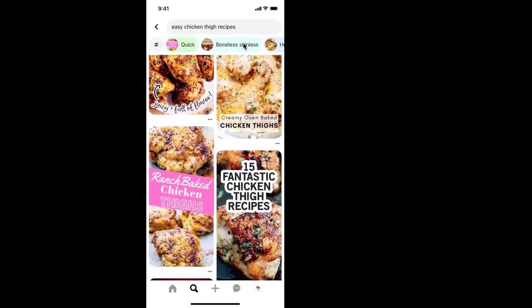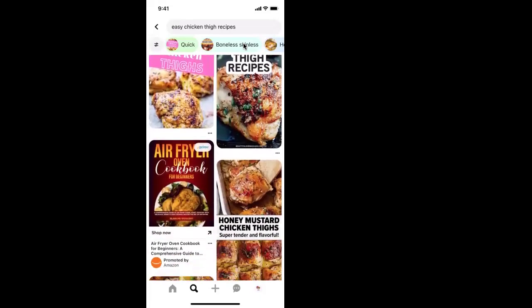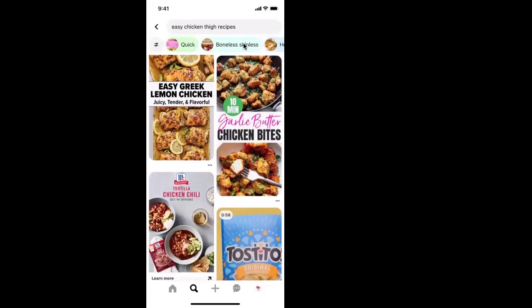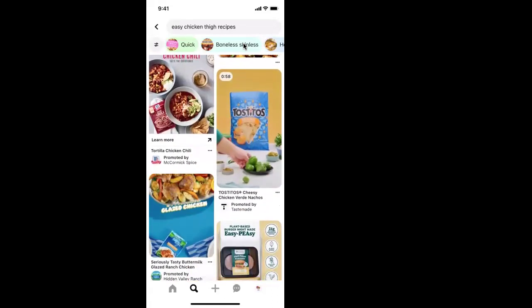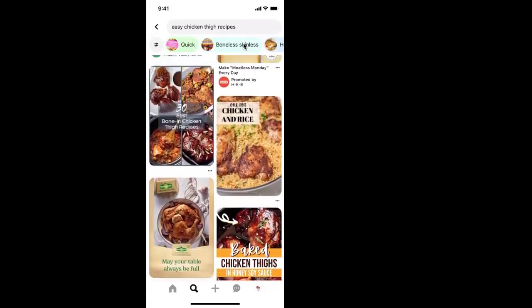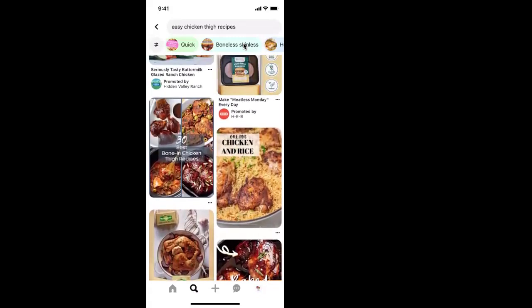When I do a Pinterest audit, and I talk about this in the training too, how do you stand out? Quite frankly, every one of these chicken thighs looks the same. So you've got to figure out how to make your pin stick out. What gets it above everybody else?